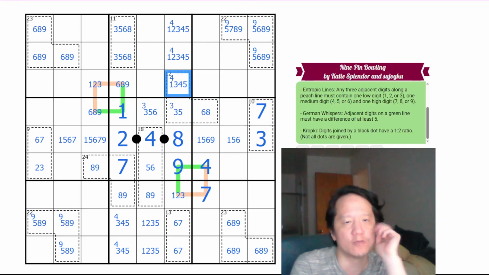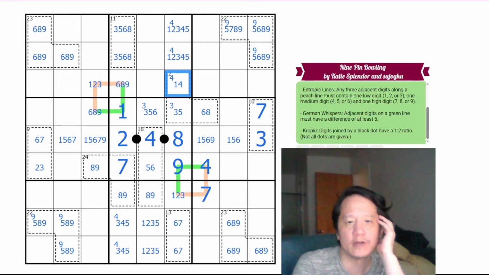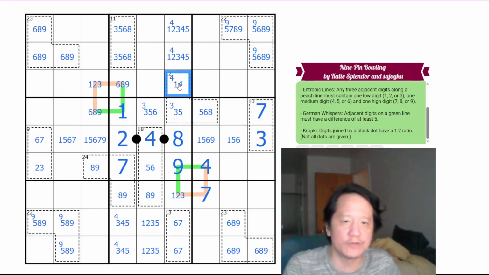So 2 cannot work here. 3 and 5 would guarantee this is 4, and this cannot be 4. So this cannot be 3 or 5 here. If we have 4 here, that would force this to be 3 and this to be 5. That could work there, though. So this is 1 or 4 here.